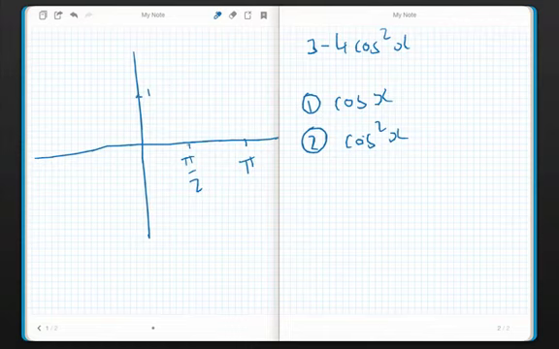Cos squared of 90 or pi by 2 is 0, and cos squared of pi, since cos of 180 is equal to minus 1, the square of that will equal 1.